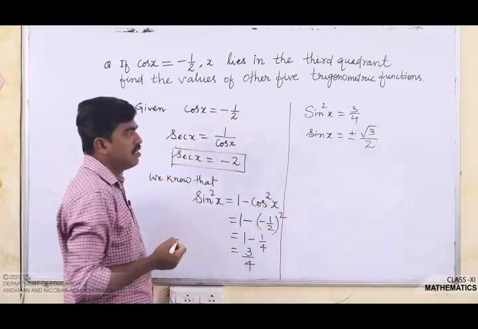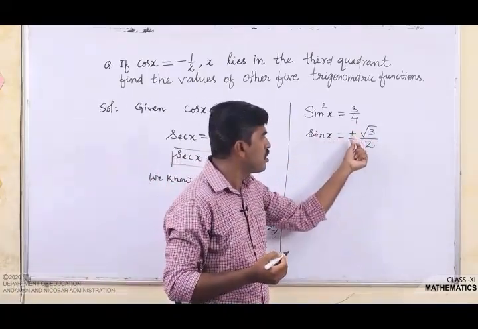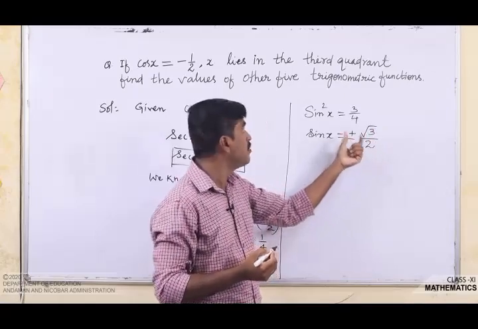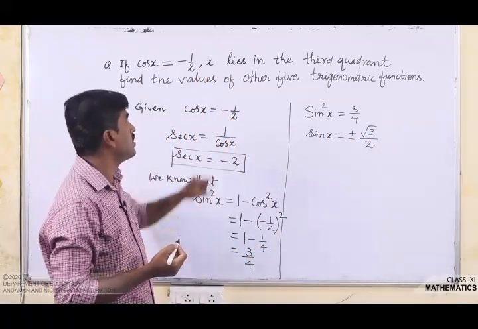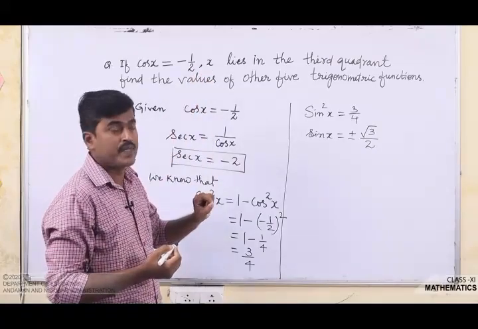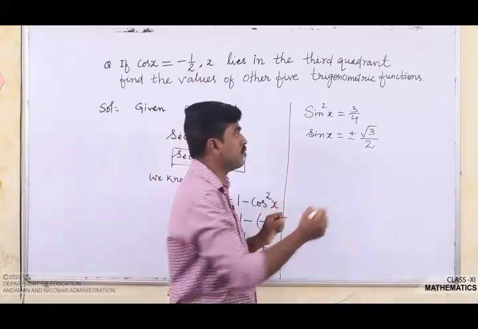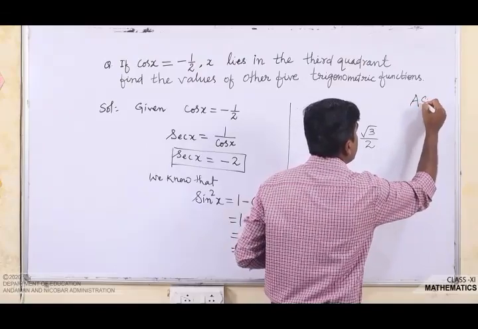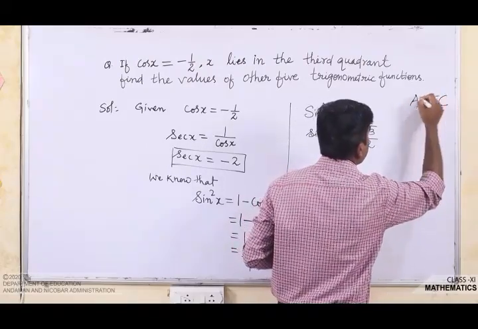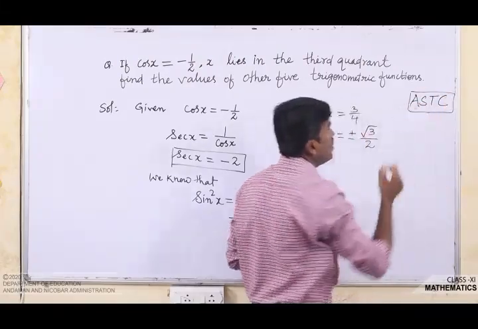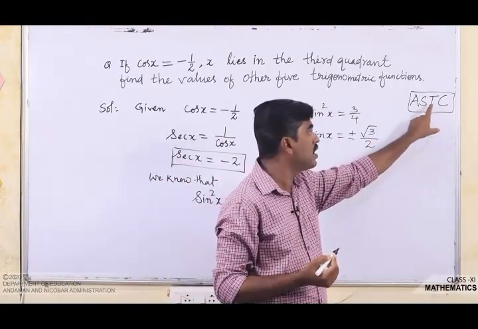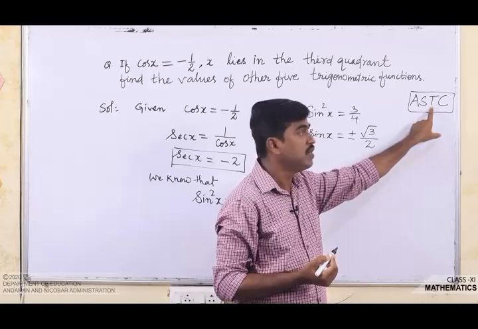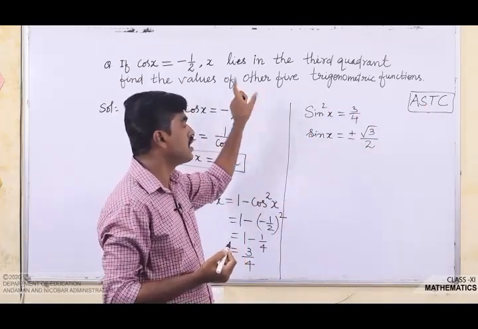But here sin x being plus or minus root 3 by 2 is not possible. Why? Because this x lies in the third quadrant and we know that in the third quadrant sine is negative. You have to remember the rule of signs, that is, just remember ASTC. In the first quadrant all are positive, in the second quadrant sine is positive, in the third quadrant tan is positive. So here x lies in the third quadrant.